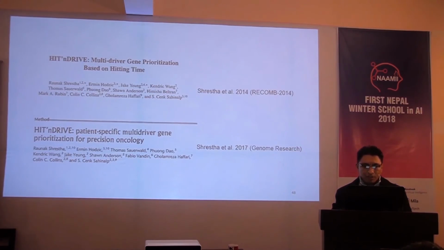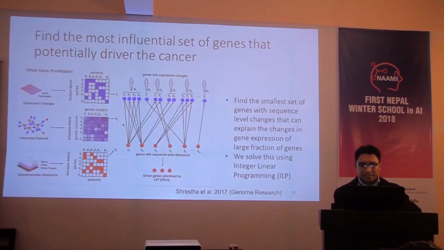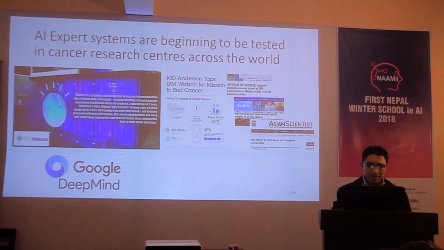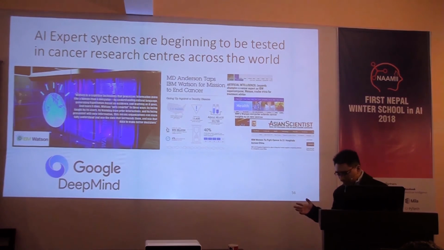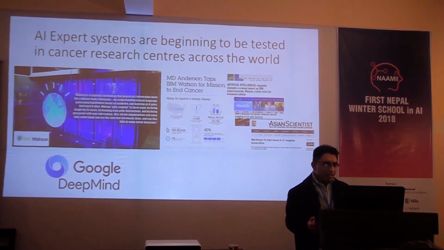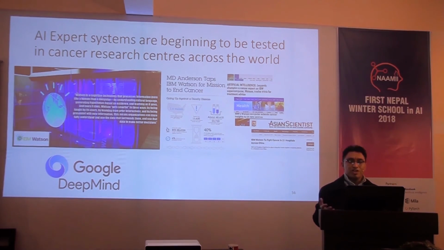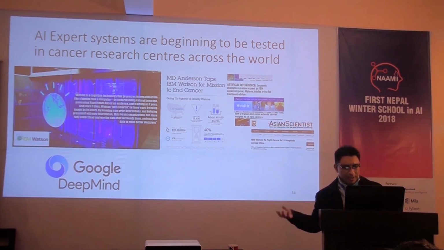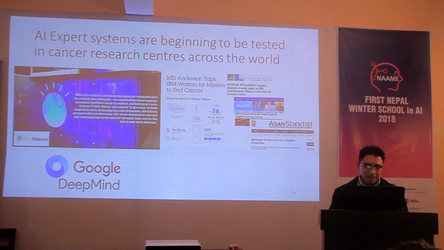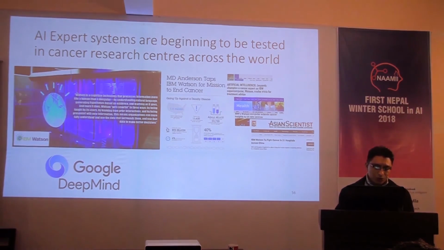I'll just skip this part, as it might take time. What I would like to conclude is that there are some AI expert systems being used in the field of biology. An example is IBM Watson and Google DeepMind.